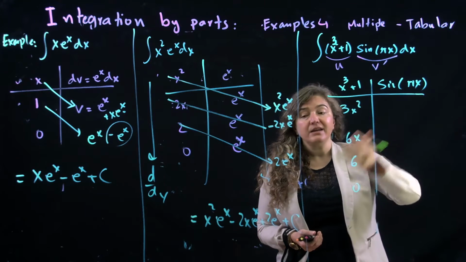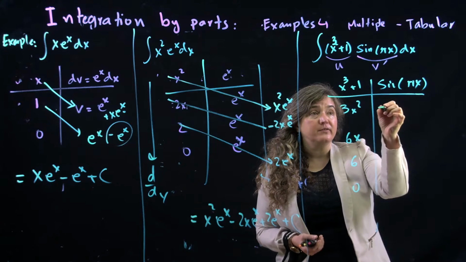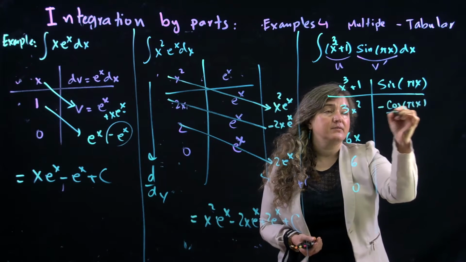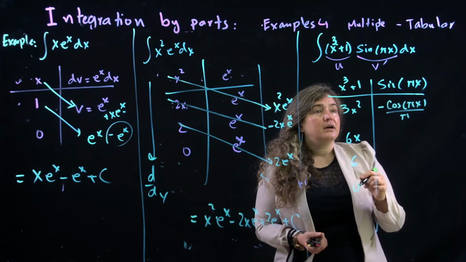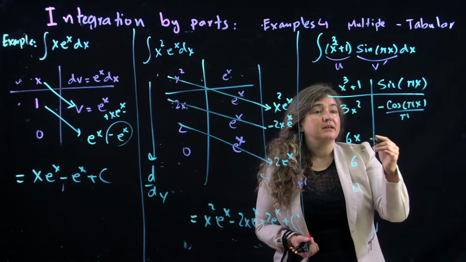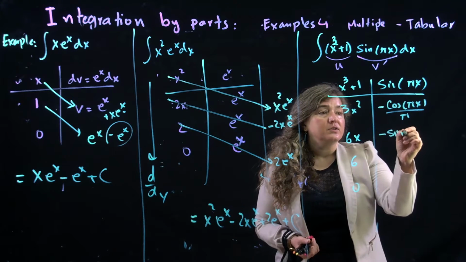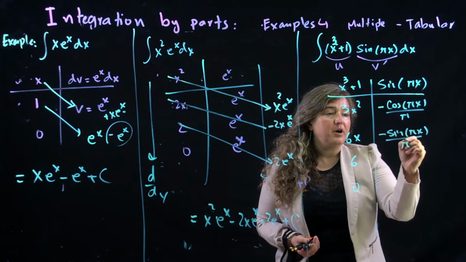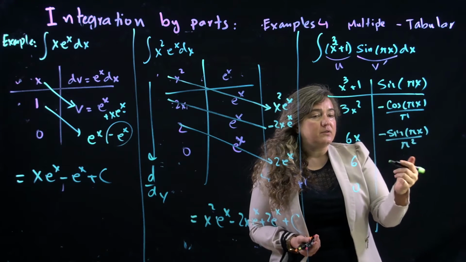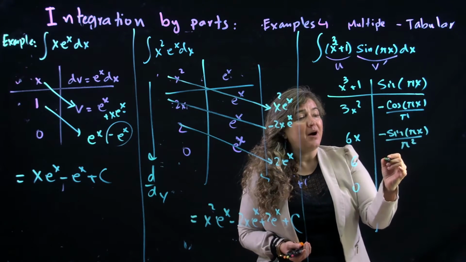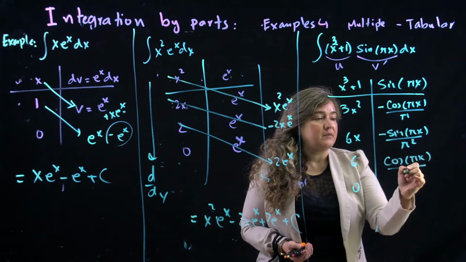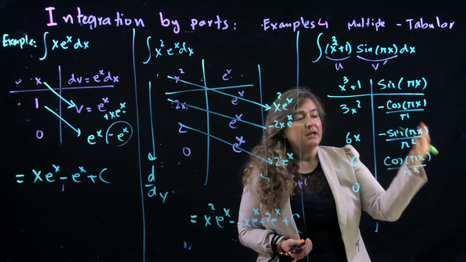The antiderivative of sine of pi x is negative cosine of pi x divided by pi. The antiderivative of that is negative sine of pi x divided by pi squared. The antiderivative of that is positive cosine of pi x divided by pi to the third.